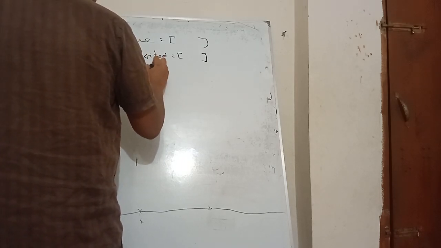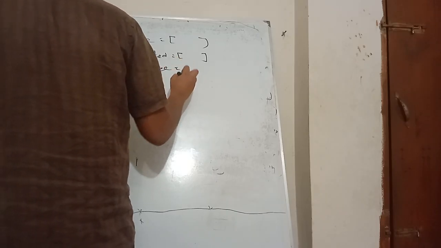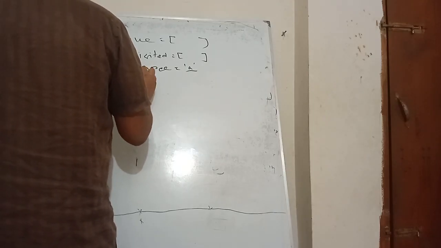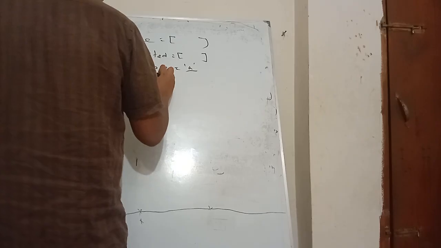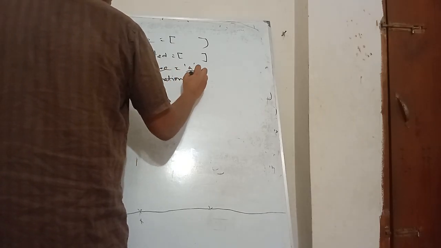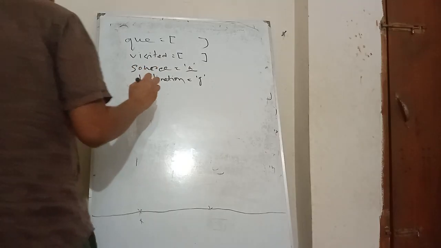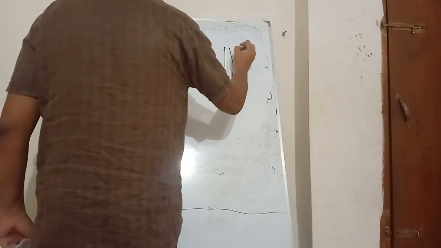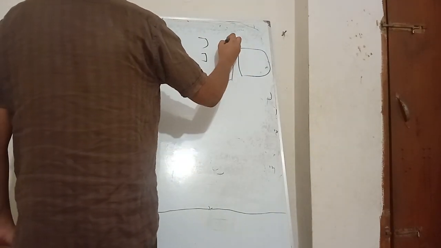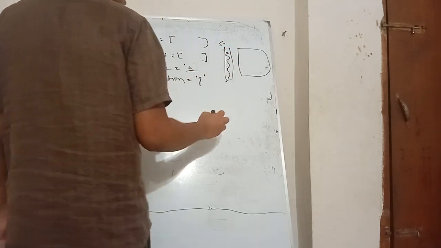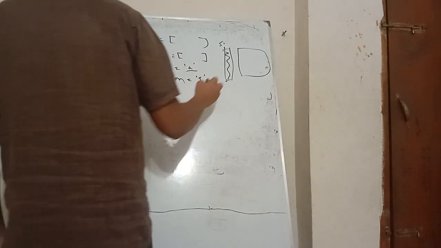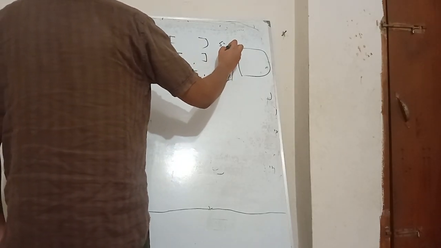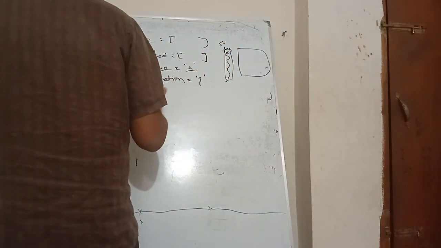This is our source. Here it is A. It may be another source. Destination is given as G. Now, if source not in adjacency list keys, this is an invalid source because we have no way to travel from the source.